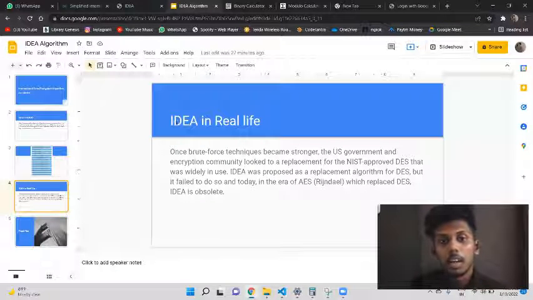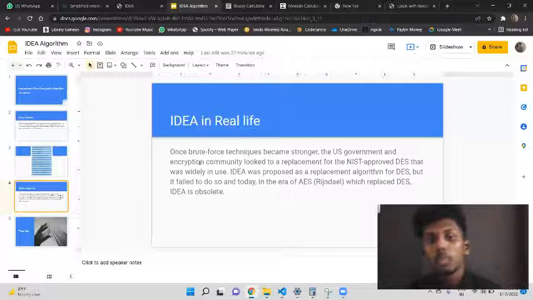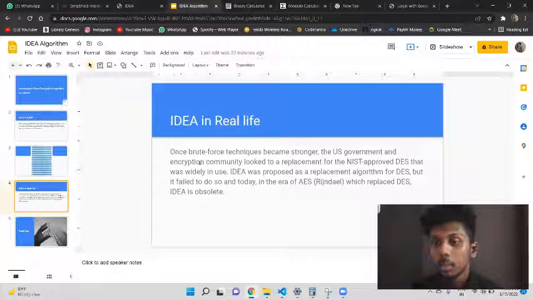We now see some IDEA in real life. Once brute force techniques became stronger, the US government and encryption committee looked to replace the NIST approved DES that was widely used. IDEA was proposed as a replacement algorithm for DES, which shows that it is more powerful than DES. It was used when brute force attacks were very common and people were doing brute force attacks.